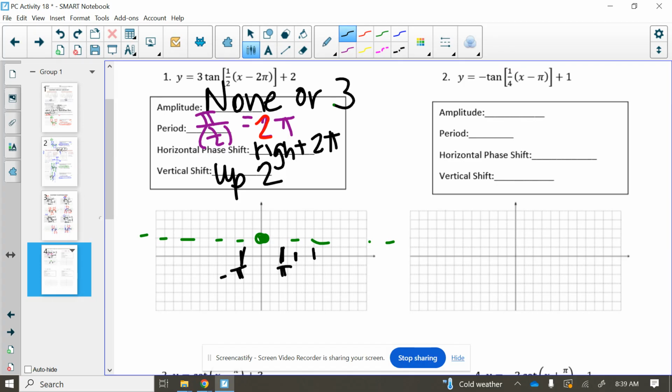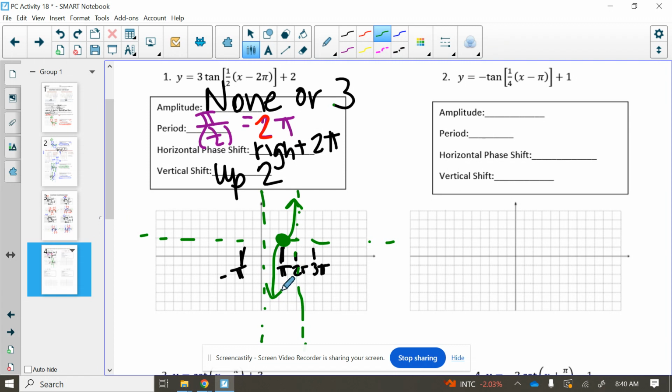So we would have 2 pi as our next piece, and then 3 pi here, since that's our scale. And if we move this piece to the right, pi units, instead of starting at 0, 0, this is now going to start at pi. And instead of our vertical asymptote being through negative pi, it's now going to be moved over that same amount. Same thing with our other vertical asymptote, moved to the right as well. So shifted to the right and shifted up for our tangent graph.